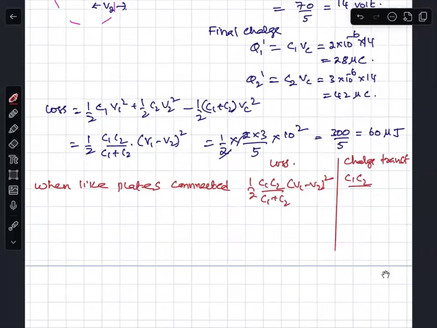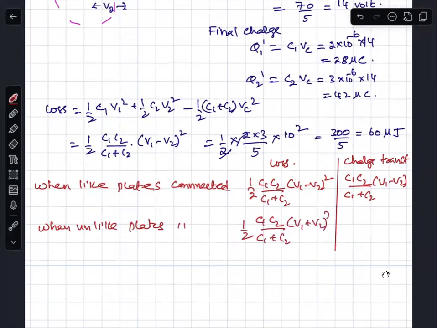C1 C2 by C1 plus C2 times V1 minus V2. Previously it is only V1. Now V1 minus V2. Suppose when unlike plates are connected, in that case, the expression will change to the form V1 plus V2 whole square, C1 C2 by C1 plus C2 times V1 plus V2.